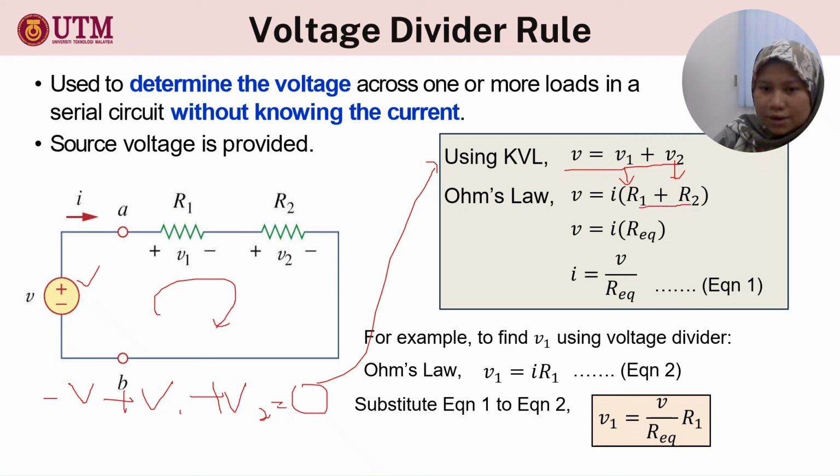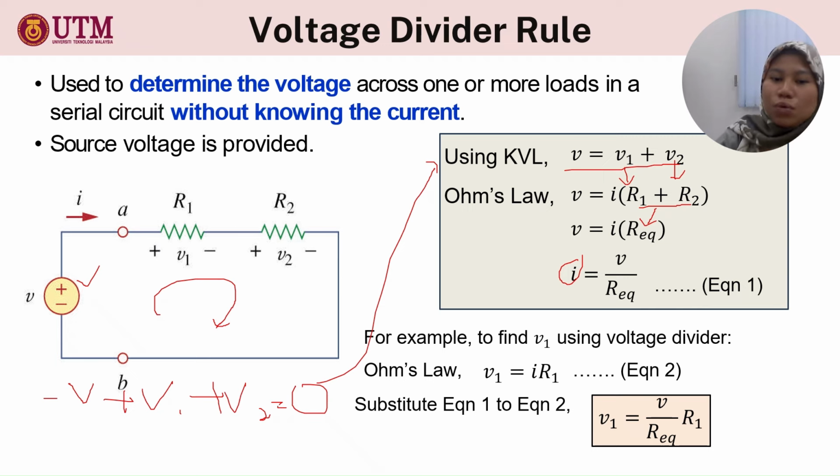And then this R1 and R2, we sum it up and we get Req here. Right, so the current here is equal to V divided by Req. Okay, this is not the voltage divider rule. This is how the voltage divider rule is derived. Okay, don't get confused.